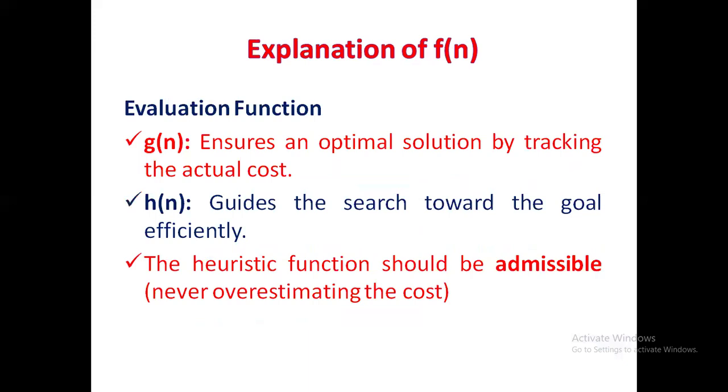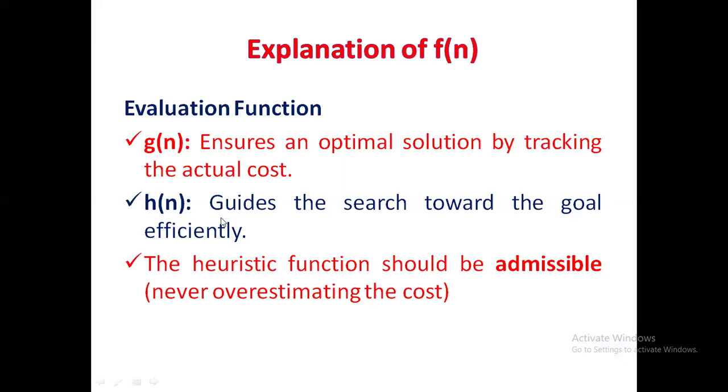Next, what is evaluation function? The evaluation function ensures efficient optimal search by combining actual and estimated costs. The G of n keeps track of the known cost from the start node to the current node, ensuring accuracy in path selection.